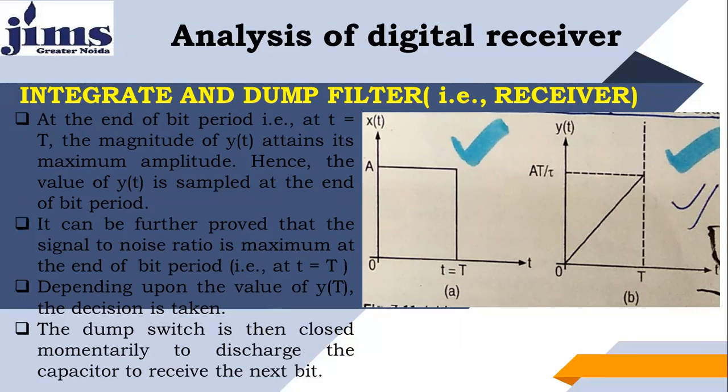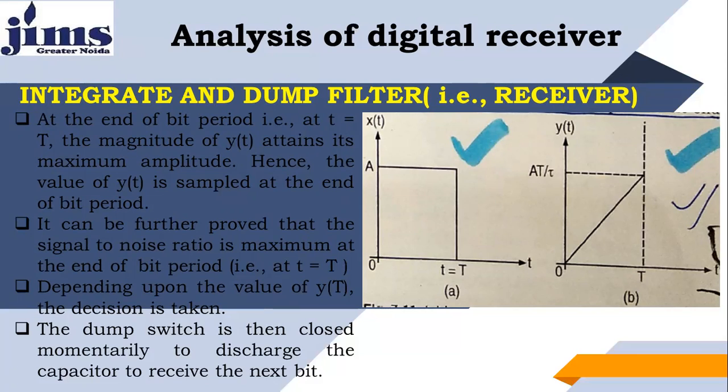Why? Because noise is summed to this pulse during the transmission through a channel, right? So this pulse has some signal power as well as noise power, and that makes the signal to noise ratio.